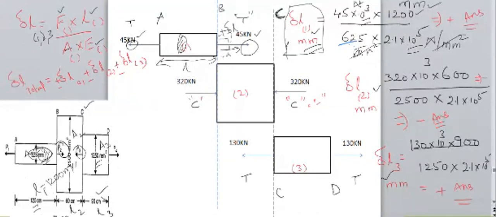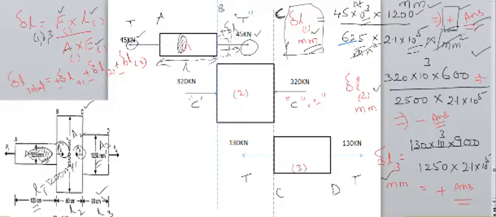Therefore, we will get a positive delta L. That is, the length will be increased. So this is about the first portion. We need to find out the delta L for the first portion.